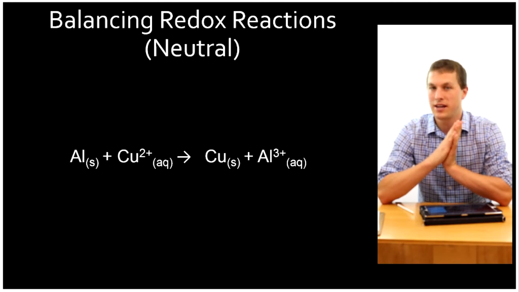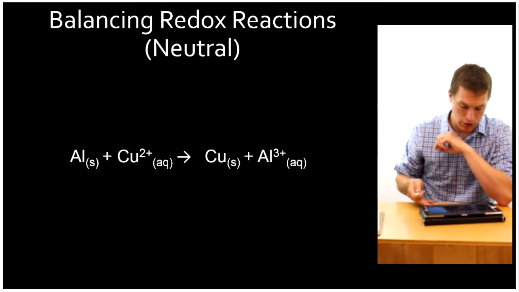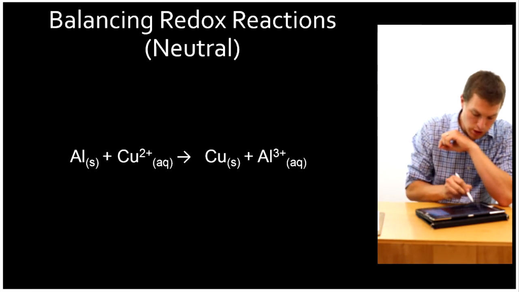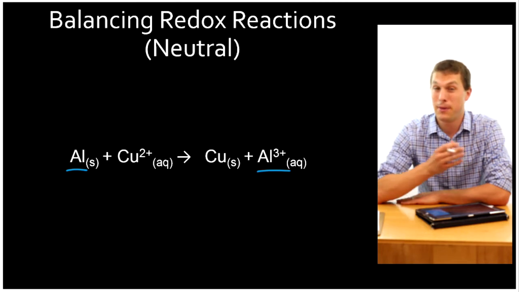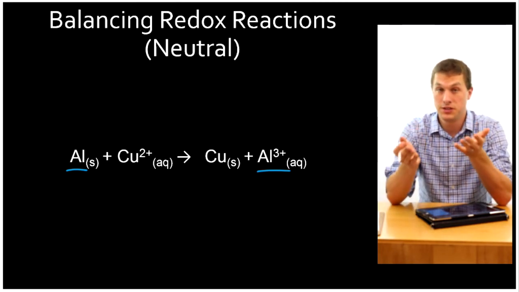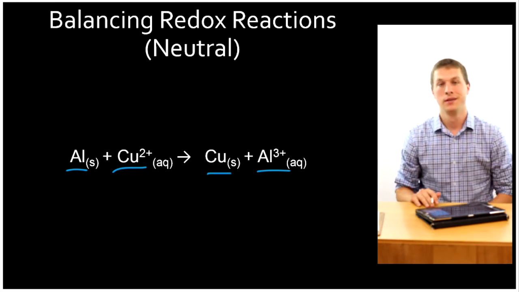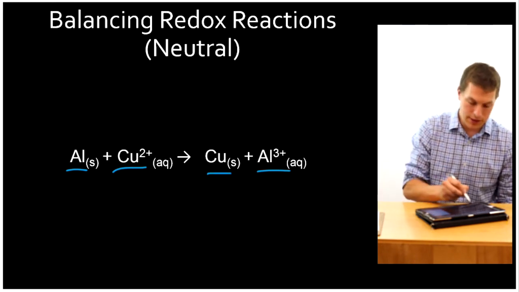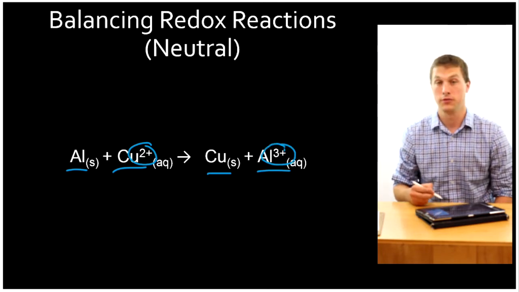Remember that a redox reaction is one where electrons are being exchanged. And so if I look at this reaction below, it has one aluminum on this side and one aluminum on the right. So when we just think about balancing chemical species on left and right, that's already balanced. One copper, we're good, right? Except, if I look at the charge of copper, it's 2 plus over here, and the charge of aluminum is 3 plus over there.